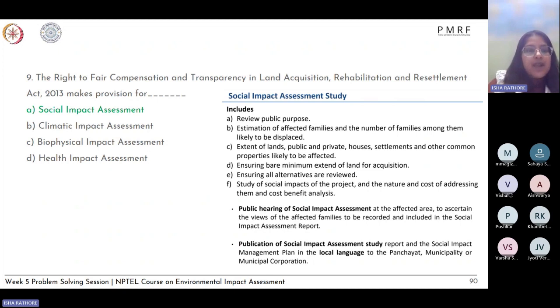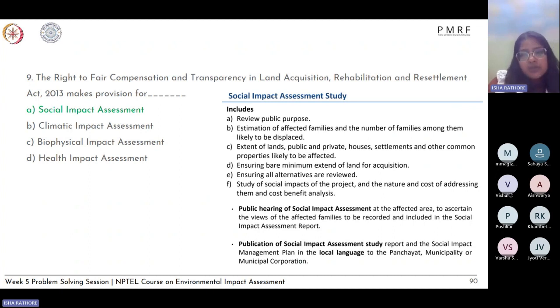So a social impact assessment study is undertaken under the Right to Fair Compensation and Transparency in Land Acquisition, Rehabilitation and Resettlement Act. This social impact assessment will review the public purpose for which the land acquisition is occurring, whether it's for defense of the country, for infrastructure projects for public use, or for housing for economically backward communities.